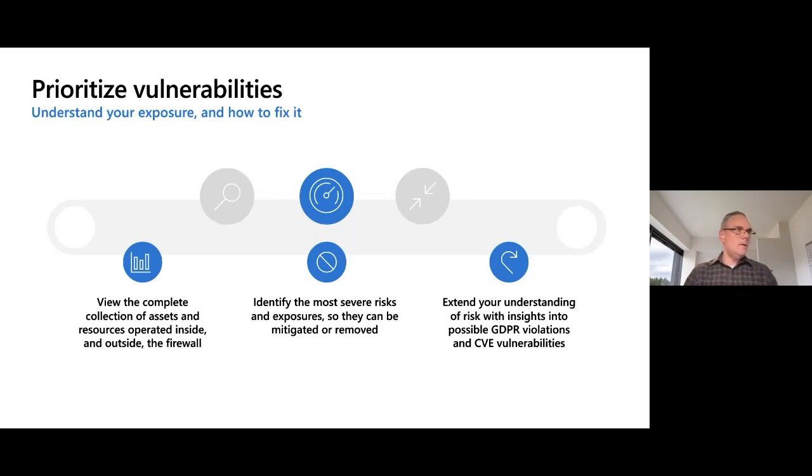Yeah. So once we've built that catalog and we've discovered your external attack surface, we have the ability to help organizations prioritize vulnerabilities, because in most cases we will have fingerprinted the manufacturer of a product, as well as captured and fingerprinted the version of the product that's running.